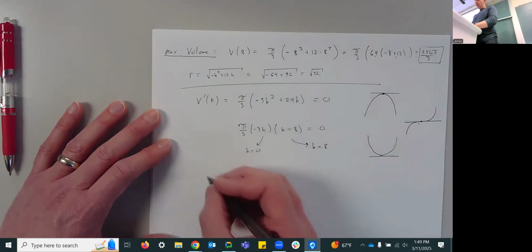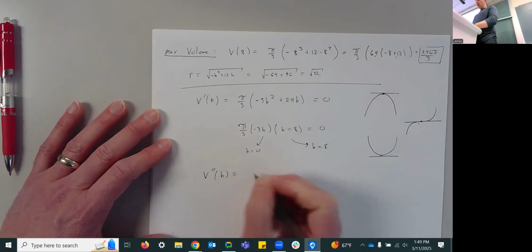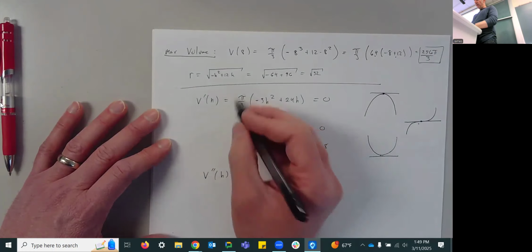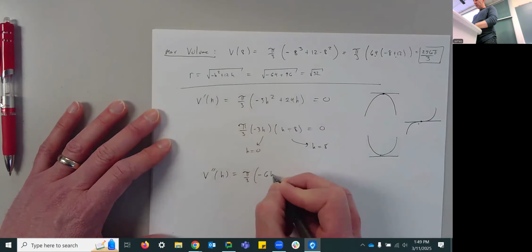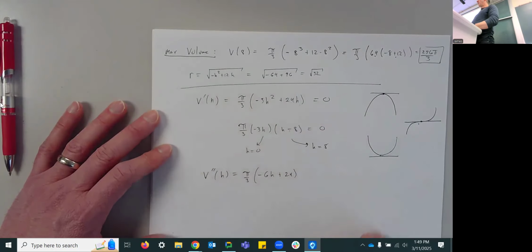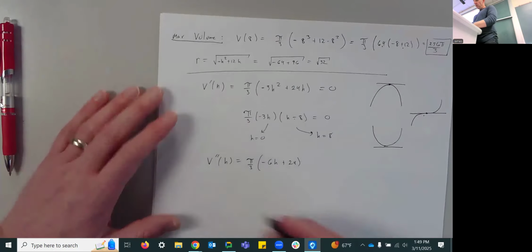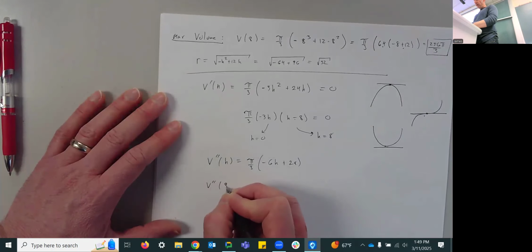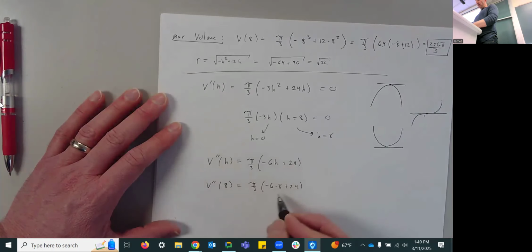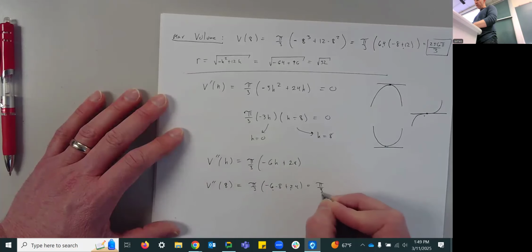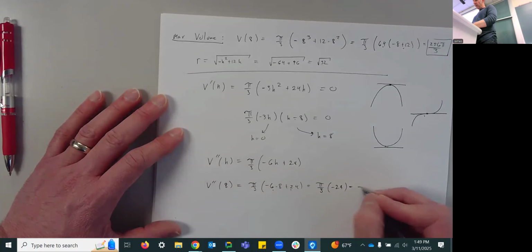So we say, okay, the second derivative is, let's see, I'm just going to leave the pi over 3 out in front here. The derivative of the inside is negative 6h plus 24. And then I'm going to plug in 8, my critical point. If I plug in 8, getting pi over 3 times negative 6 times 8 plus 24, that's negative 48 plus 24, which is, I didn't actually do the calculation, I just said it was negative, but I know I'm getting negative 24 divided by 3 is negative 8 pi.